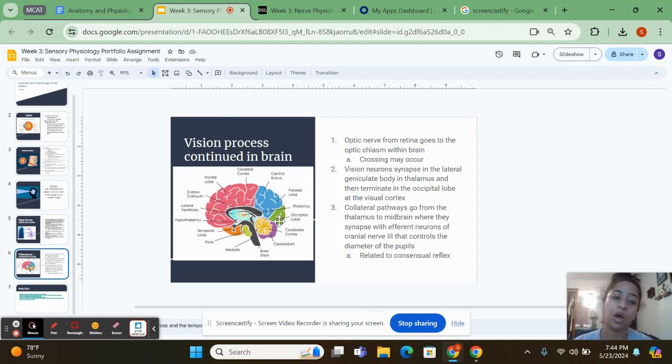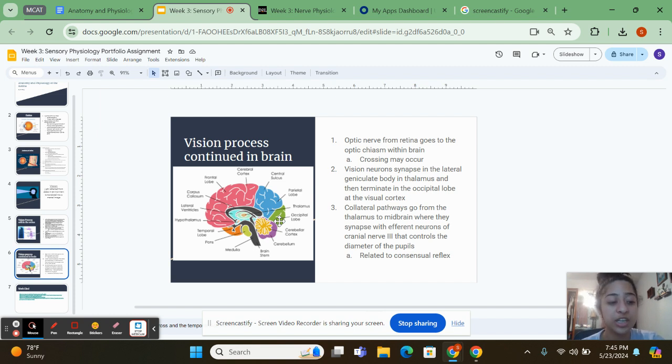Something that's a little interesting, however, is that there'll be some collateral pathways which will go from the thalamus to the midbrain, and this is where they're going to synapse with efferent neurons of the cranial nerve 3, and this will in turn control the diameter of the pupils. And so this is associated with something called consensual reflex, and this is something tested when you go for an eye doctor appointment, where they will take a light and point it to your eye, and they're just checking to see if your pupil will change sizes.